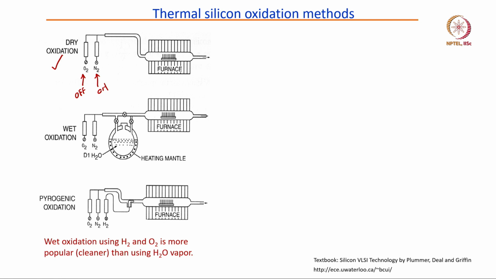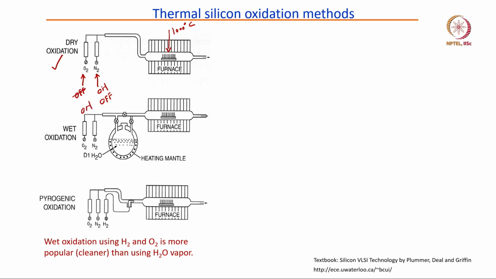Once the wafers reach zone 2, like I said, if the 3 zone furnace is there, we keep it for some time so that all the wafers heat to whatever temperature we have decided, let us say 1000 degree centigrade. Then we switch nitrogen off and switch on oxygen.